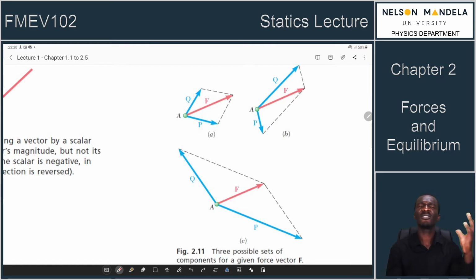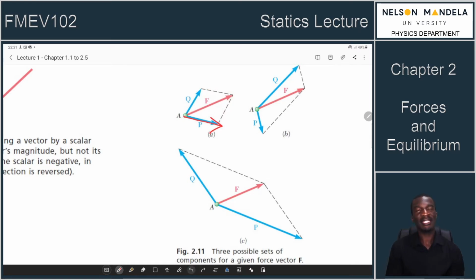So you can close your eyes and just plot a line, close your eyes, plot another line. As long as you then join all those lines to the tip of the vector, you've created components of the what? Of the force. So an example in part A here are components that are drawn. One person chooses to draw the component P and the component Q in those directions. So when we complete the parallelogram, we can find the unknown force.